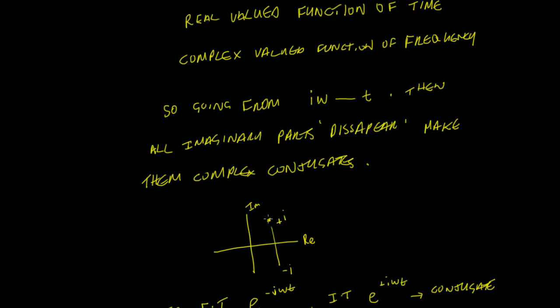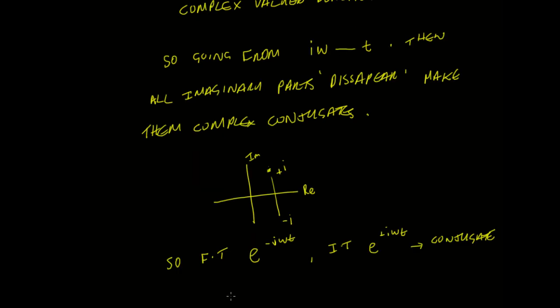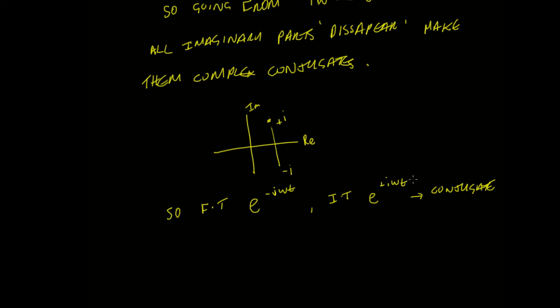The conjugate of a complex number: if you have an imaginary number plus i, the conjugate would be minus i. So that's what the minus and the plus do here. They ensure that the complex values are conjugated, so that whenever you go back to the time domain, you're always going back to a purely real function. But that just comes out via the maths, and it comes out via the maths because we start off with a purely real valued function. So that's all that really comes from.